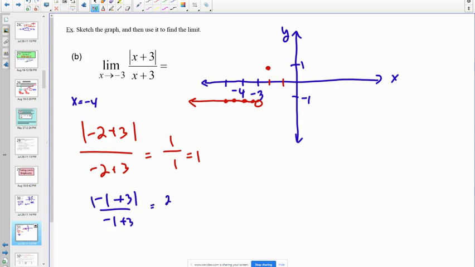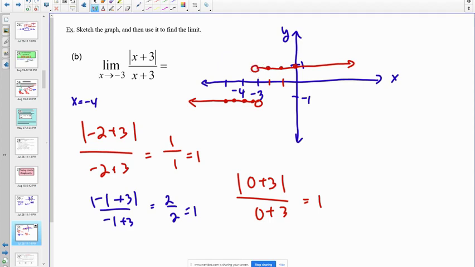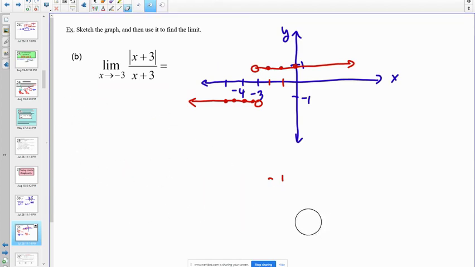This will give me 2 over 2, which is 1. So I would get 1. What if I plugged in 0? If I plugged in 0, I would get 1. So it turns out this is always going to be 1 here, all the way to -3, and there'll be an open circle there because you can't plug in -3. So this is the graph that I'm looking at here.